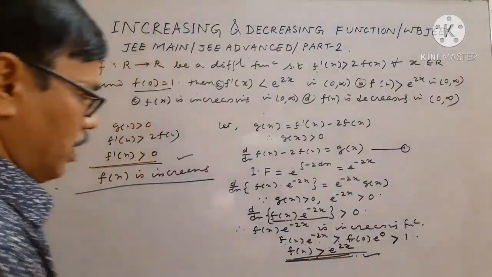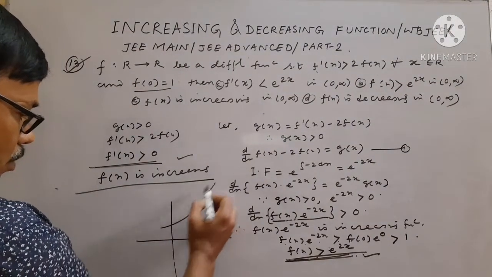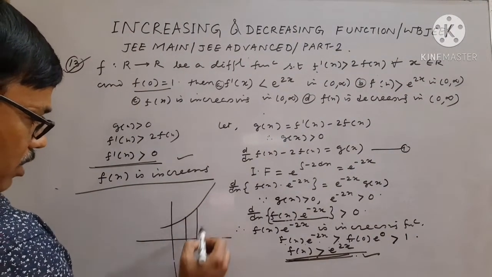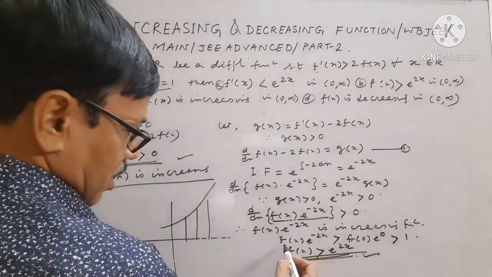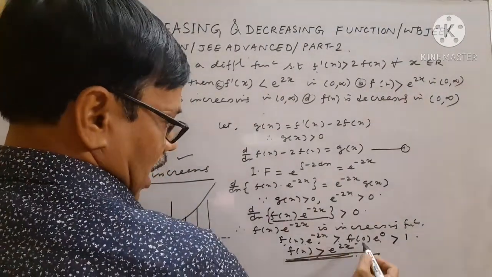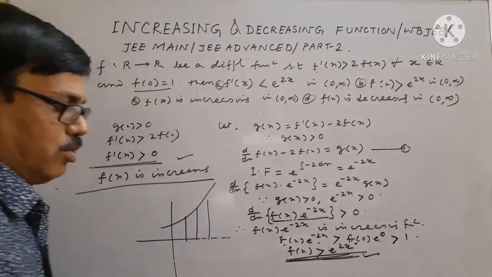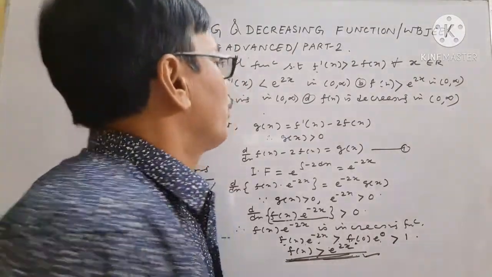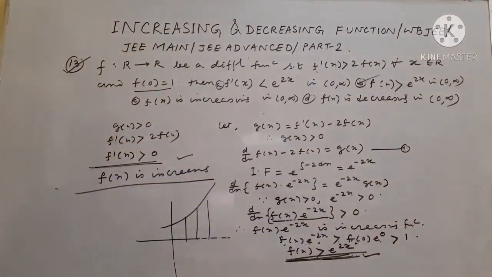From the property of increasing functions, f(x) is greater than f(0). Here f(x) is replaced by this one, and f(0) is 1. So f(x) is greater than e to the power 2x. So option B is correct.